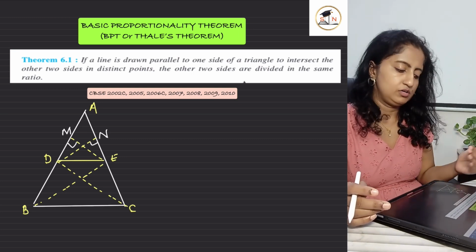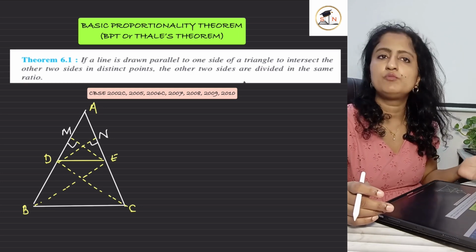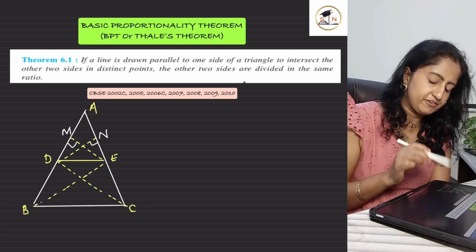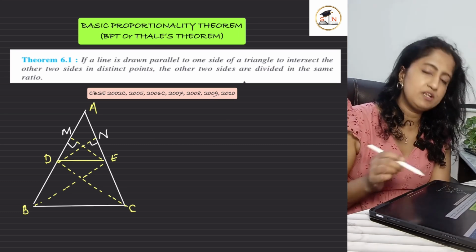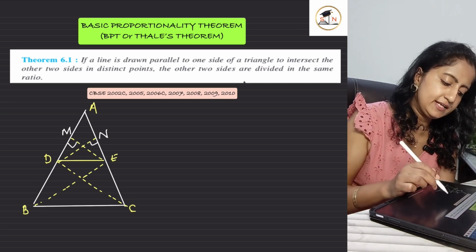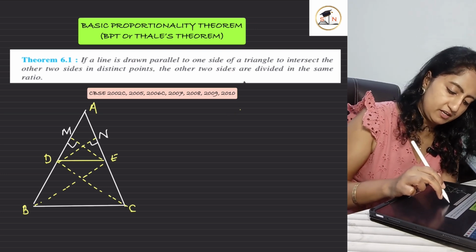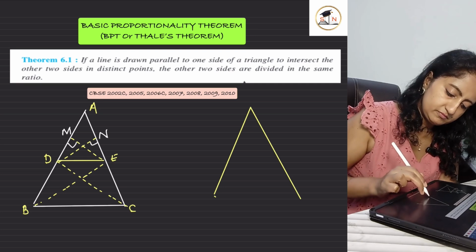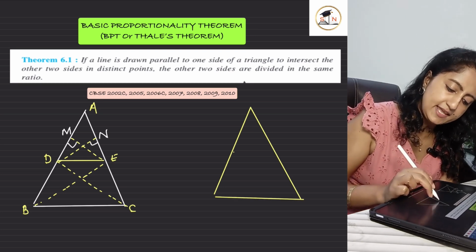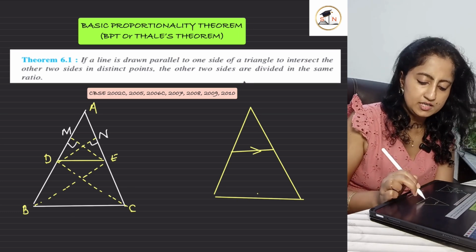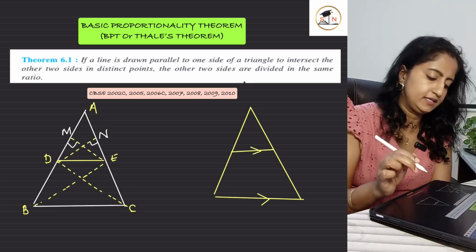Now, let's decode the theorem, what exactly it was saying in simpler words. I have made a figure already on the screen, but I will be redoing the figure while explaining. If a line is drawn parallel to one side of a triangle, first, let's make a triangle. Then they're saying if a line is drawn parallel to one side of a triangle, I have drawn these two sides parallel, right?